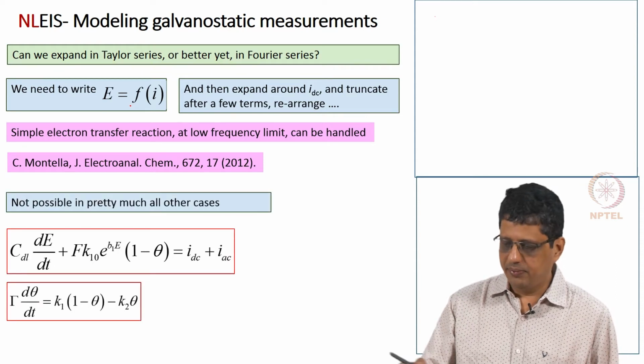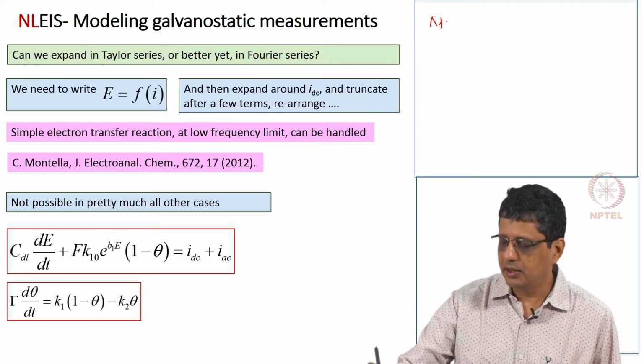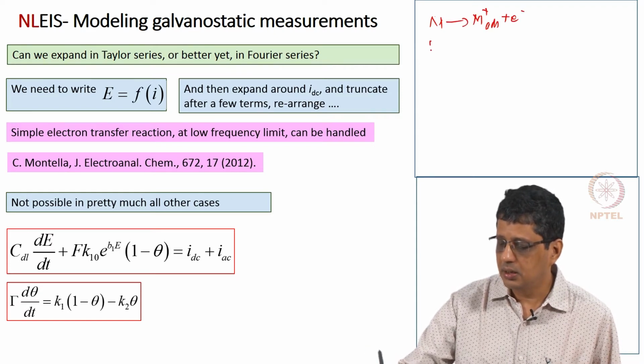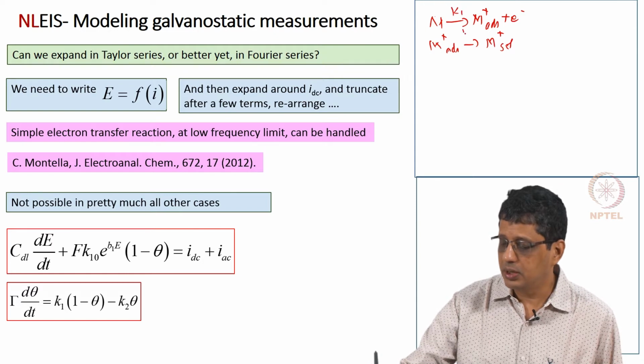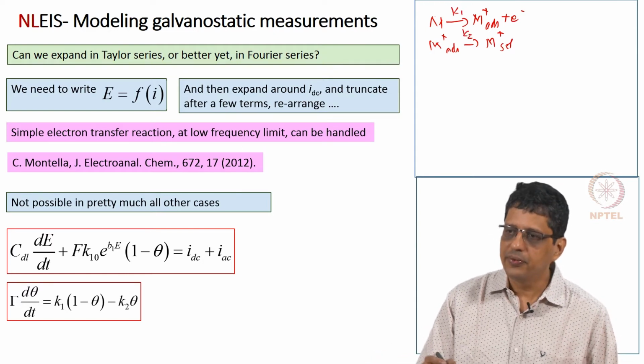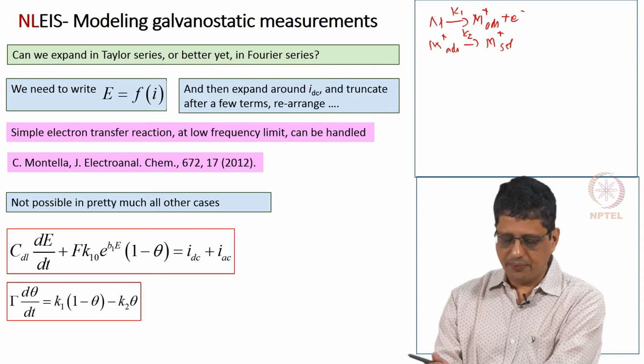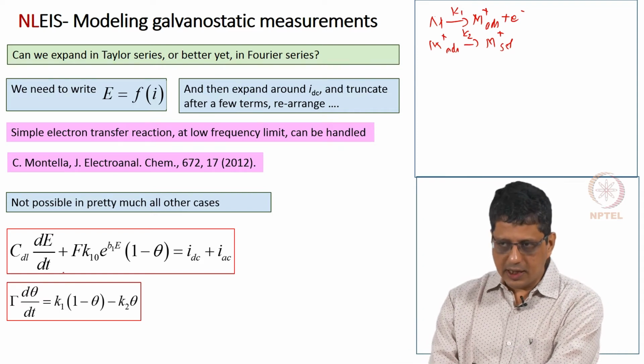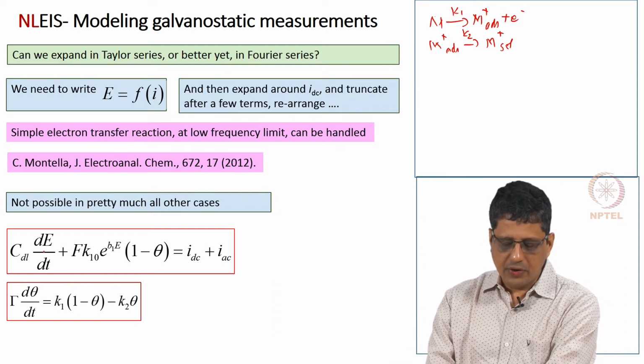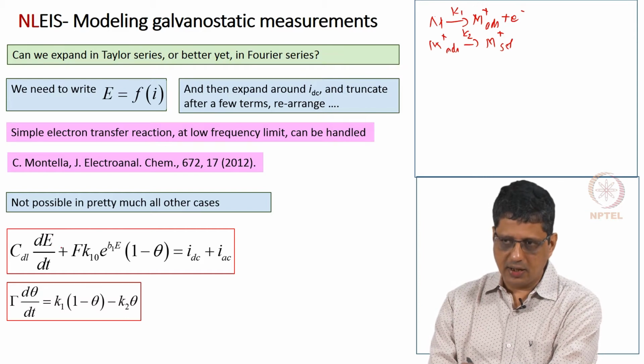So, as an example, if you consider this reaction of M going to M plus adsorbed plus electron, M plus adsorbed going to M plus solution, we call the first one K1, second constant K2. This is what we have seen a few minutes ago. The governing equations are given here. First is a nonlinear ordinary differential equation.